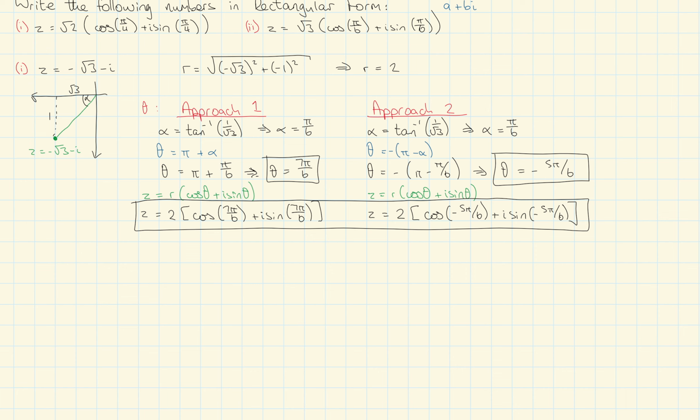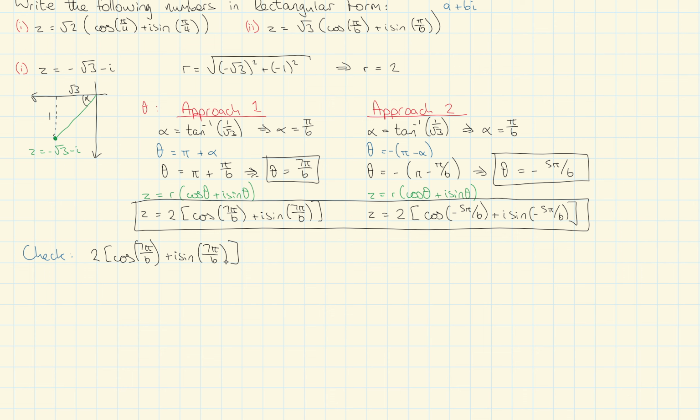So in your calculator, if you put in 2 cos 7 pi over 6 plus i sine 7 pi over 6.